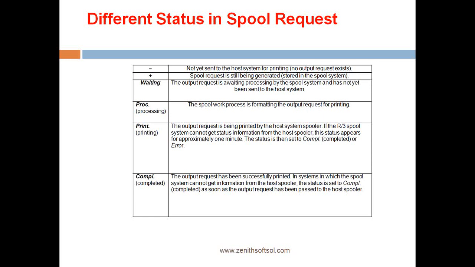Means when you give the print, it will pop up a menu saying that the print is under processing. So we don't know whether it will be complete or give an error. If it gives an error, that means your printer is not configured properly.